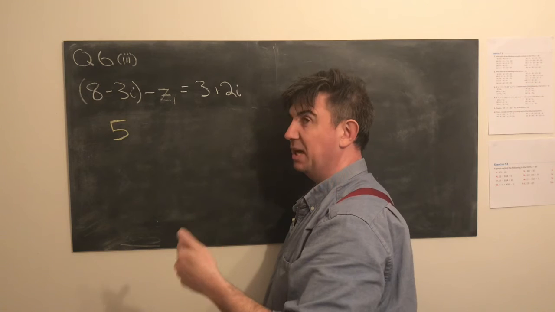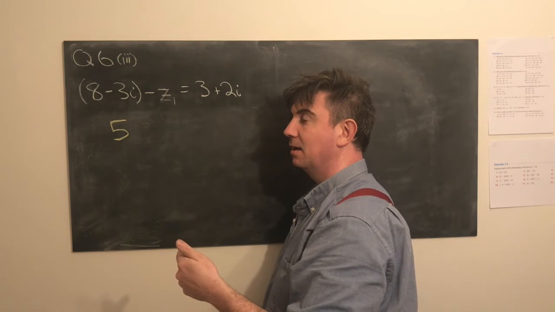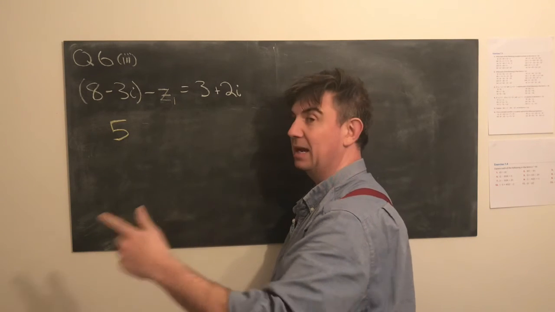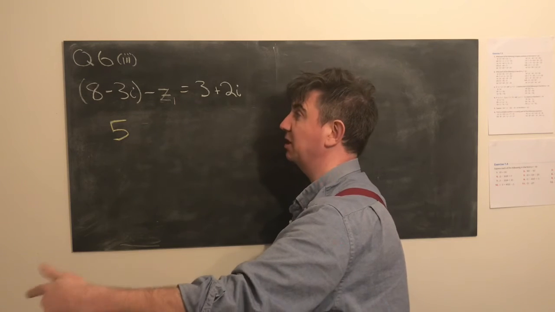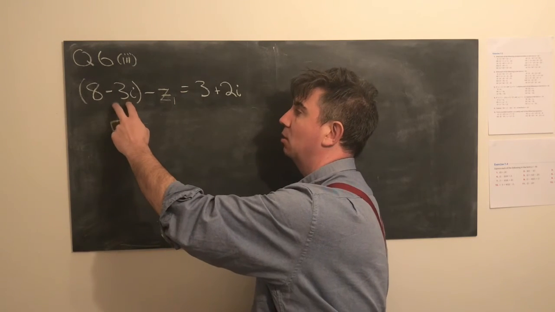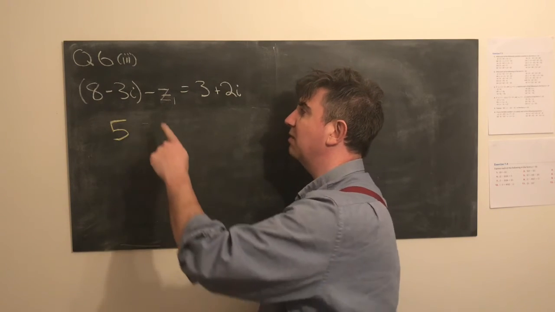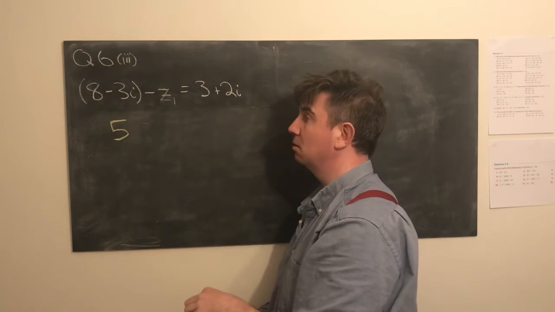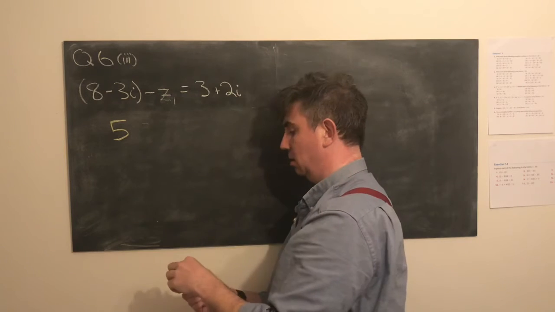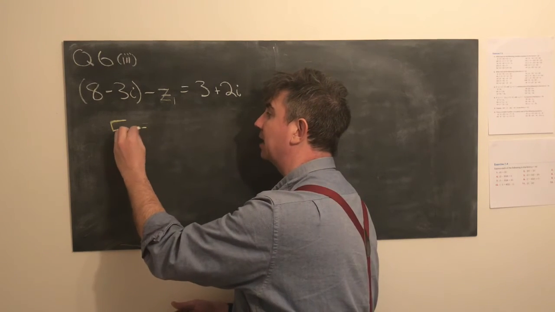Well, if I take away a positive number, I'll get even more negative, right? If I just take 2i away from 3i, I'll get minus 5i. So that's no good at all. So I'm going to have to take away a negative number to get up to a positive number.